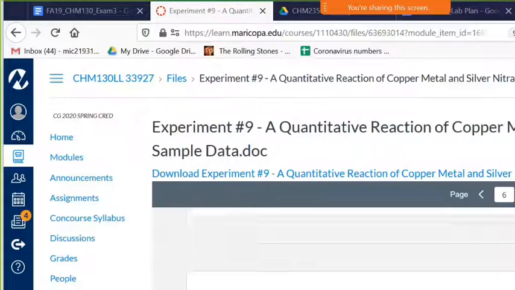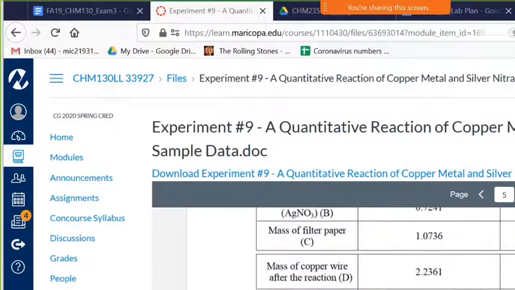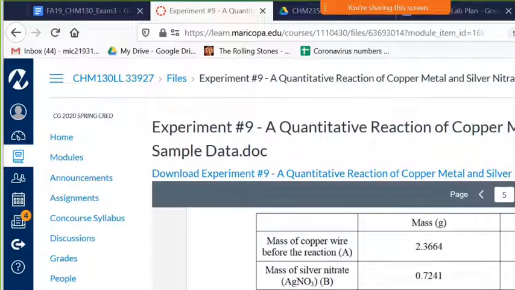And the next one should be 0.0039. It should be 4 because it's 0.0039. And you should watch out for sig figs.